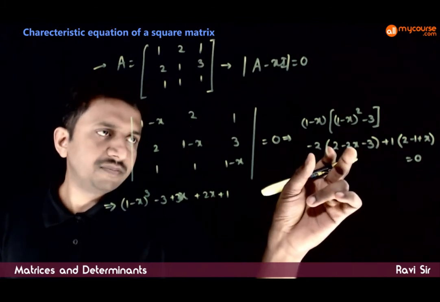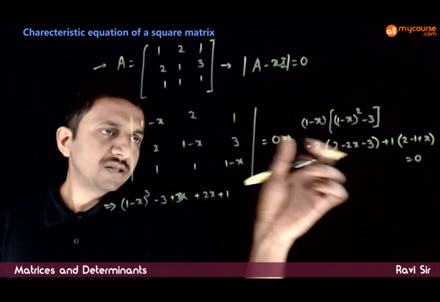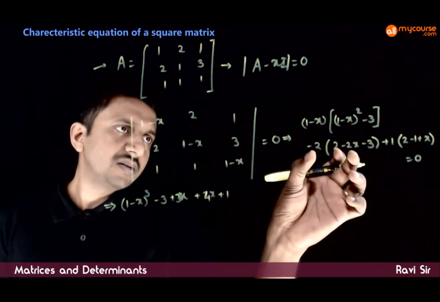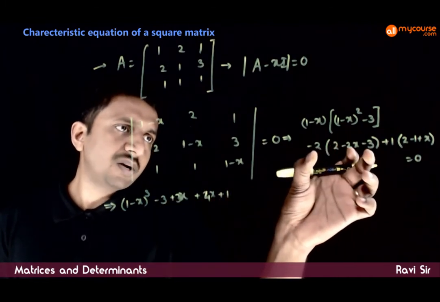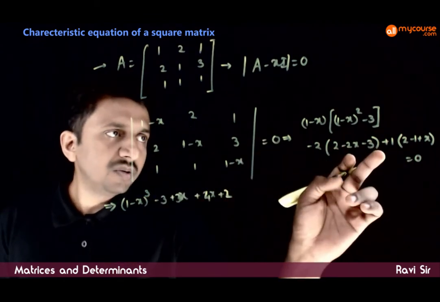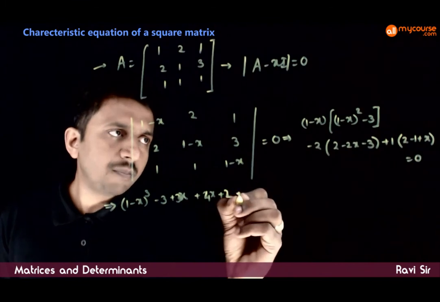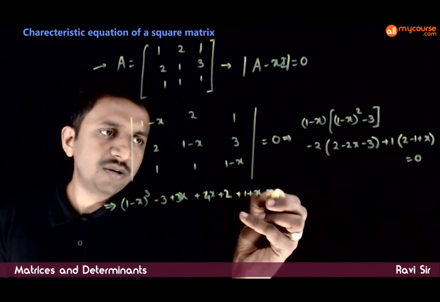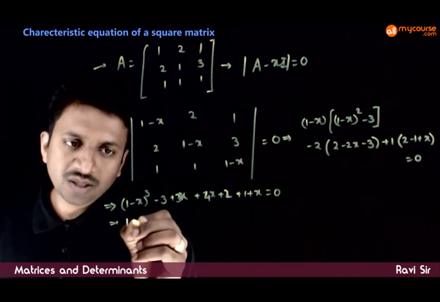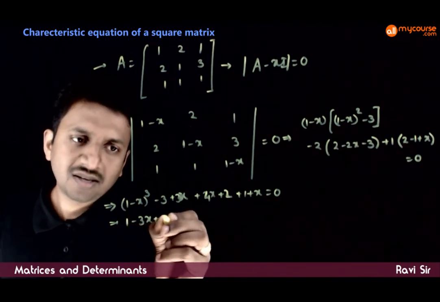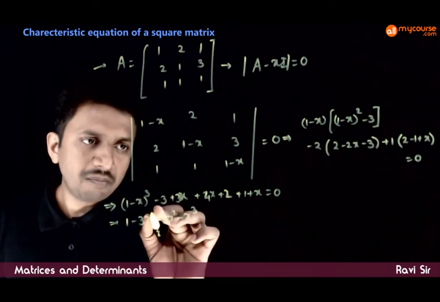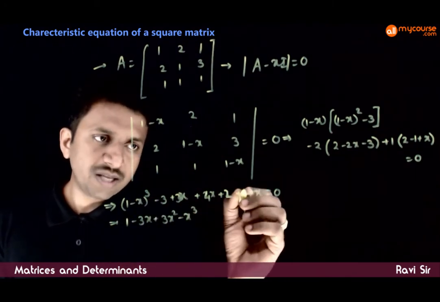So you get plus 4x, and minus 4 plus 6 is plus 2. So plus 4x plus 2, 2 minus 1 is 1, plus 1 plus x is equal to 0. So this implies (1 minus x) whole cube is 1 minus 3x plus 3x square minus x cube, minus 3 plus 2 plus 1.